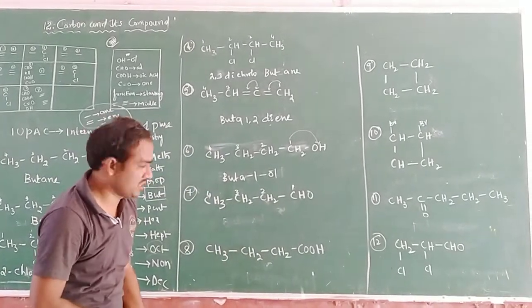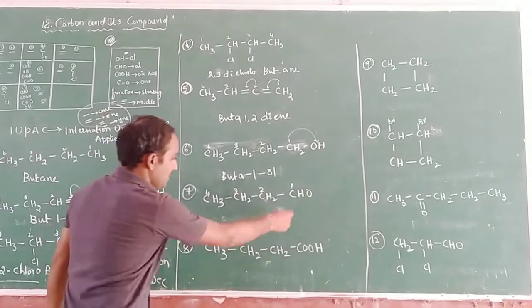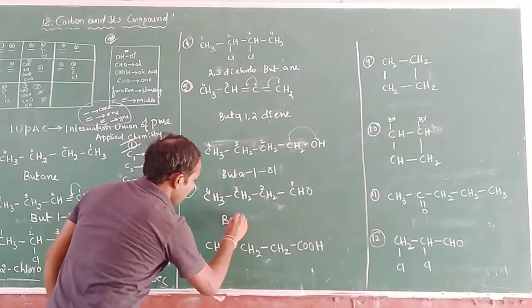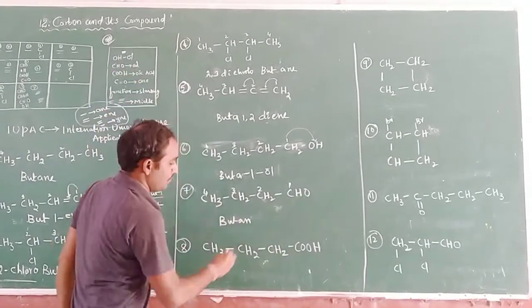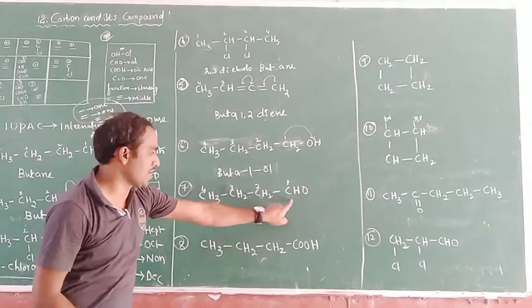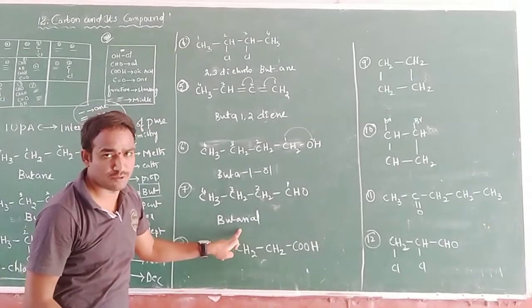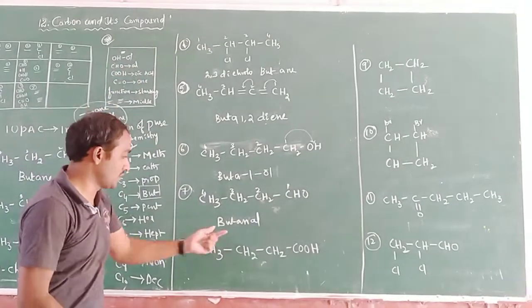According to the functional group, here CHO is aldehyde, so that is butanal. How many carbons? 4. That is but. If we have CHO, that is al, butanal.